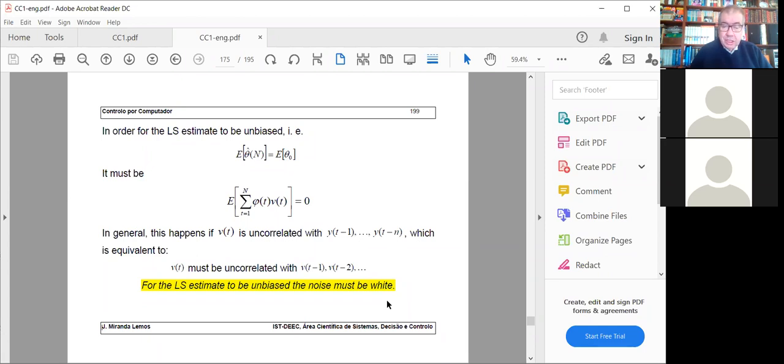So your controller parameters will converge to the correct ones to compensate for the correlation of the noise. That's the so-called self-tuning property that probably some of you have heard about, the story of self-tuning controllers in adaptive control. Later we will speak more about this, and I will give you an example to be more precise.